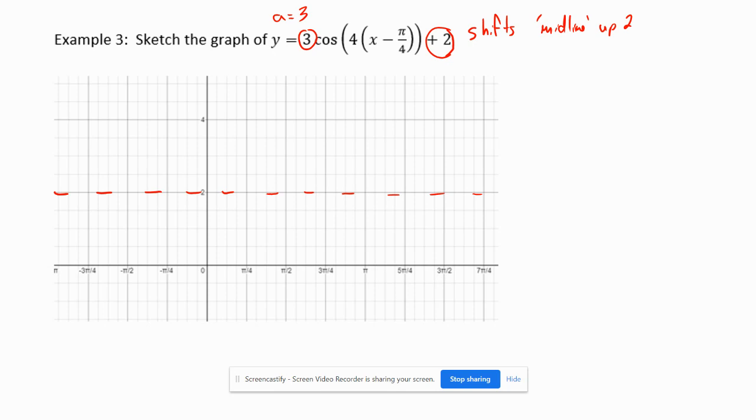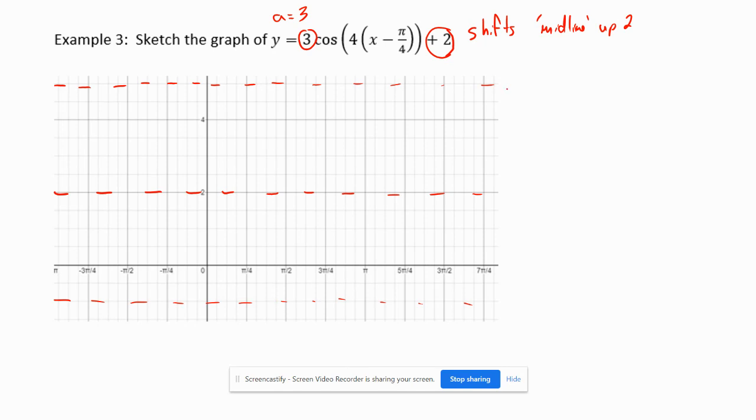So if I look at the midline and count 3 units up, 1, 2, 3, I'm going to draw the max line here. 1, 2, 3 down, I'm going to draw the min line.